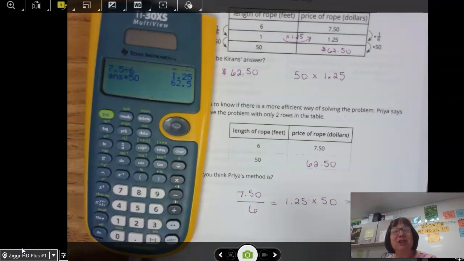She's essentially still doing those 2 steps. She just did them all in one fluid motion in her calculator. She took the price divided by the foot, 7.5 divided by 6, which gave her the constant, 1.25, which she took times 50.